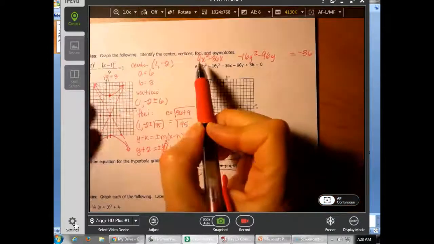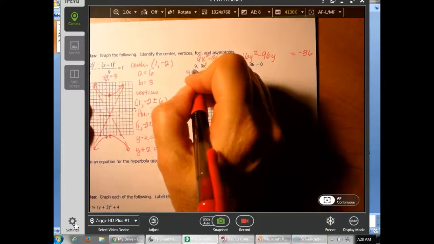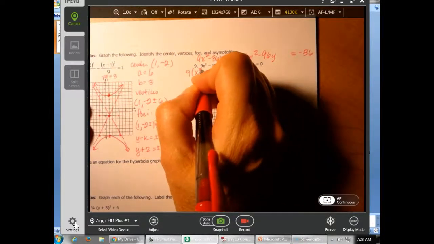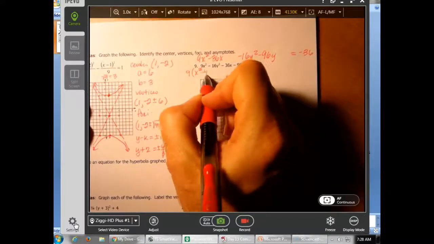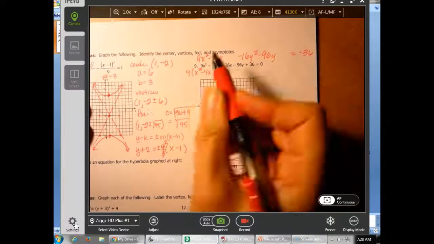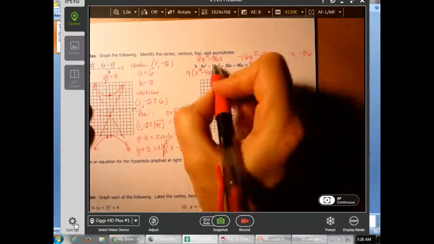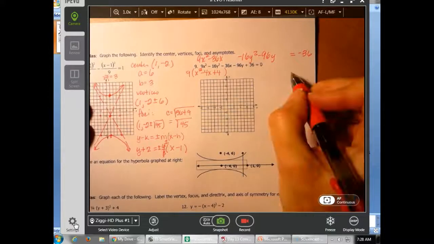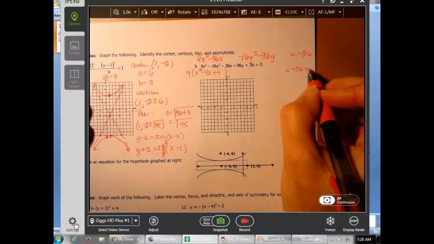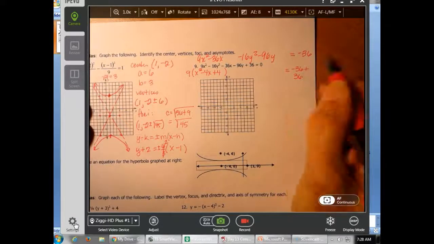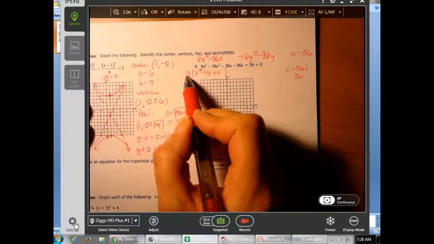So I'm going to factor out the 9, and that leaves me with x squared, and then 36 divided by 9 is going to be a minus 4x there. So half of negative 4 is negative 2 squared is 4. Did I really add 4? No, I really added 36. So I'm going to add a 36 here because 9 times 4 is 36.